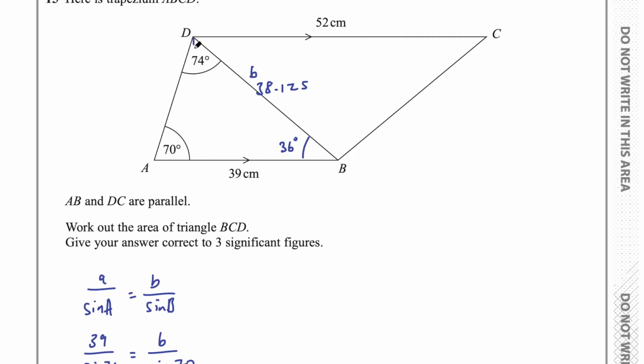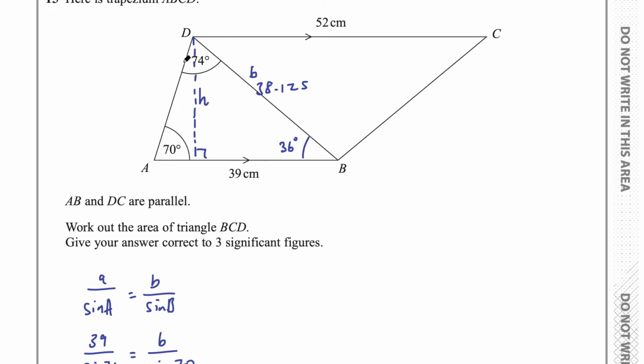That was what I was going to go to next, by creating a right angle triangle here, which has this angle of 36 degrees. And what I'm looking for is this height. In order to find that height, I could use the sine ratio. So the sine of 36 equals the opposite side over the hypotenuse. The opposite side in this right angle triangle is the height.